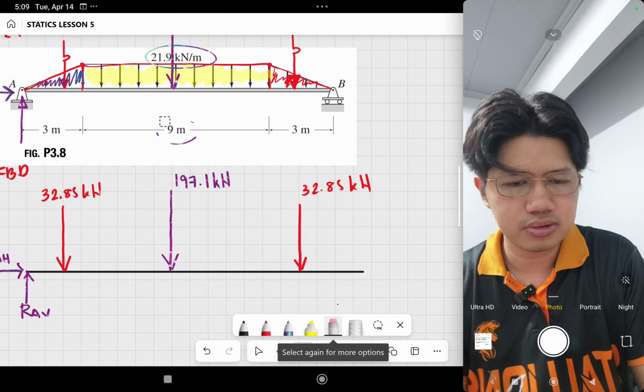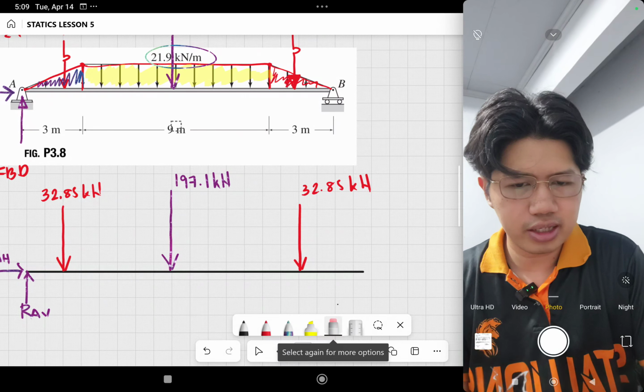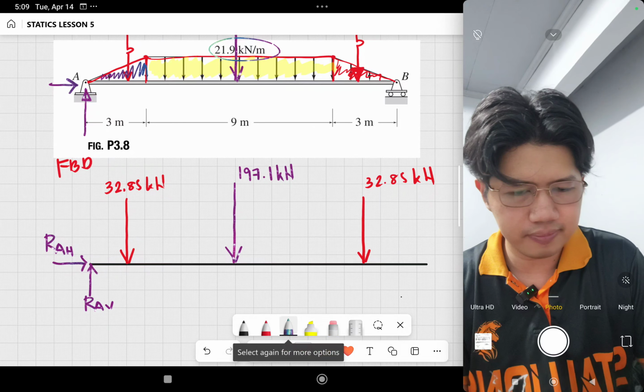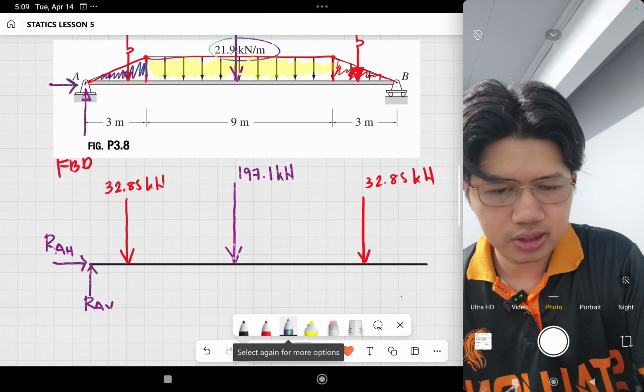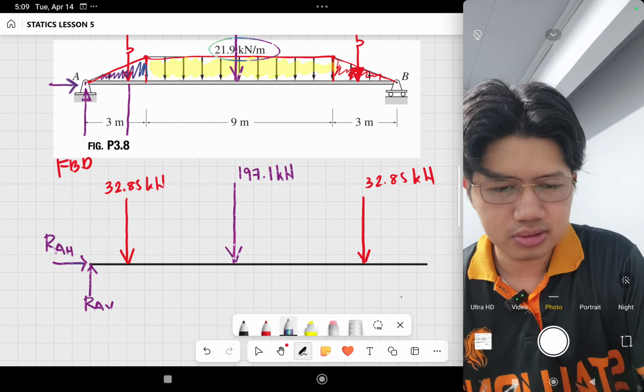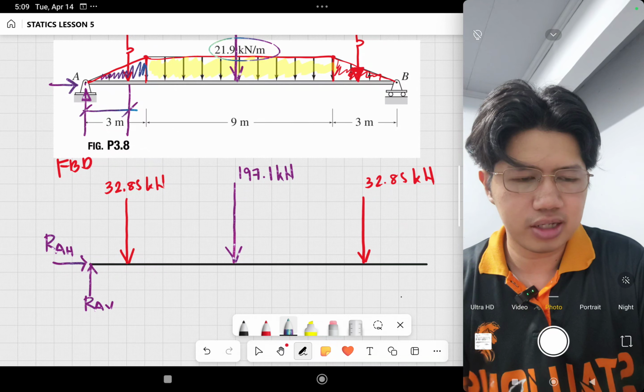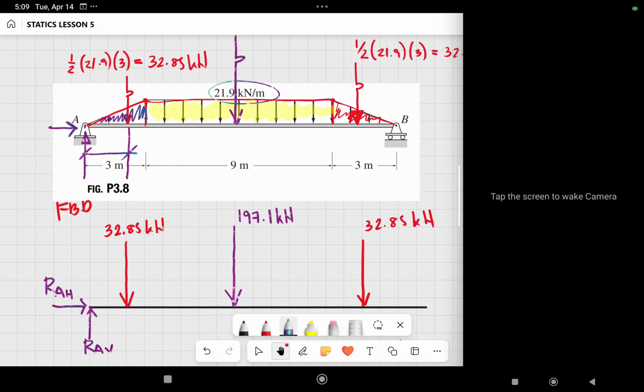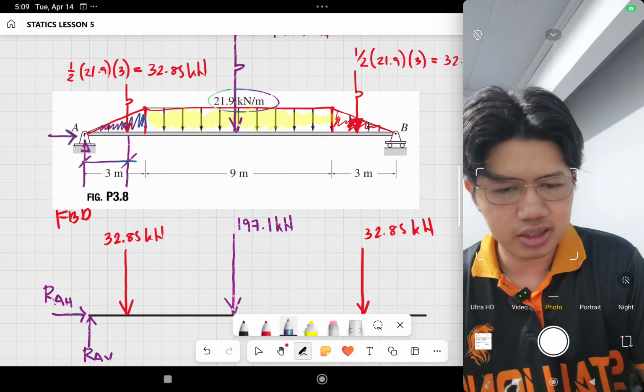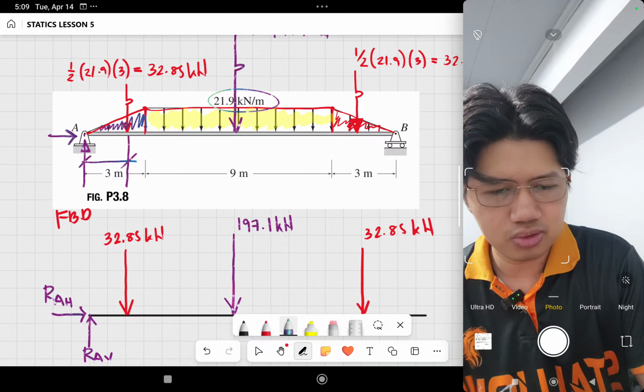Okay, so check natin yung mga distances nila. So, from point A hanggang dito, yung distance na yan. So, paano natin malalaman yung distance na yan? So, alam natin na yung hati is 2/3, 1/3. Okay?